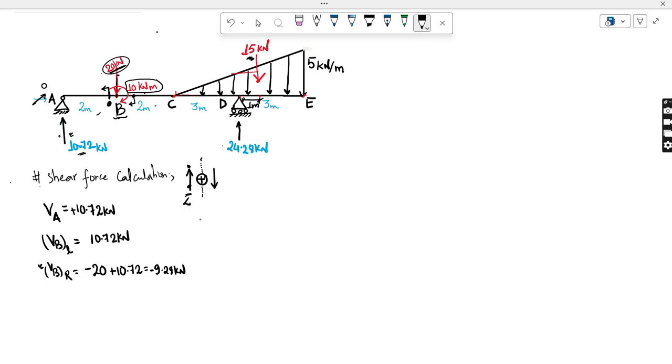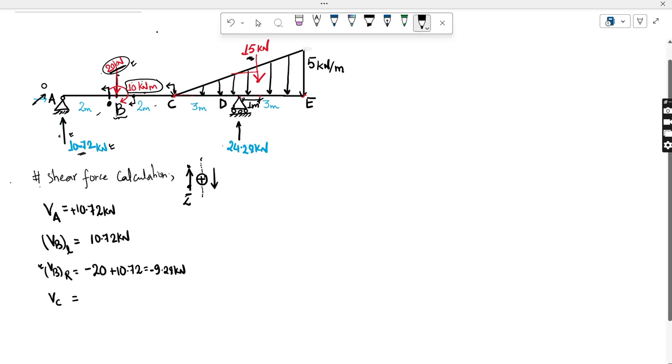Now let's move on to the C point. Okay, so for the C point, let's see here, shear force at C. I'm at this point here, and I will look towards the left again. What do I see? I will again see this 20 kilonewton and this 10.72. There are no other forces. Please keep in mind, you don't have to see this 10 kilonewton meter, because this is not a force, actually this is a couple.